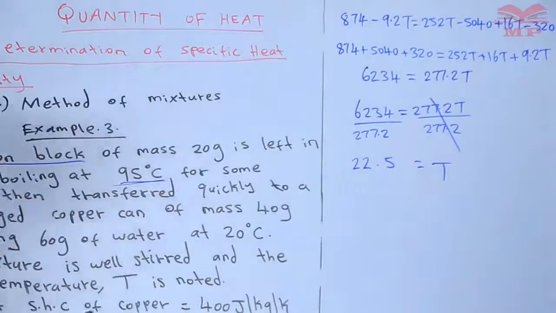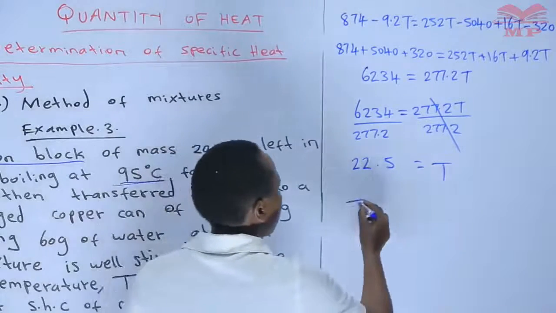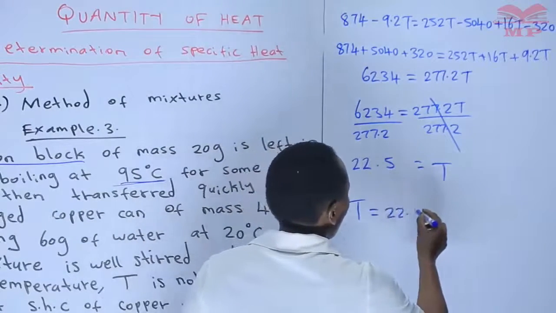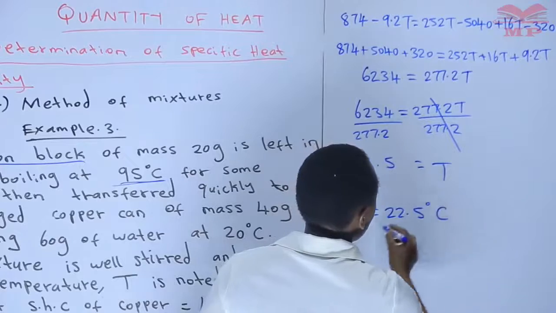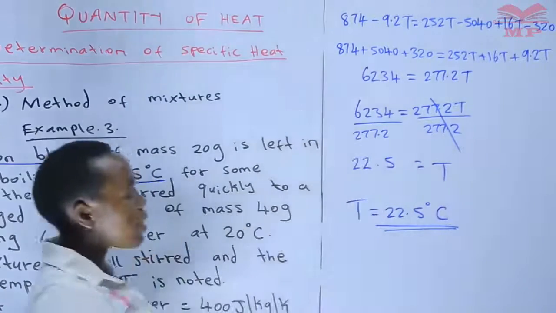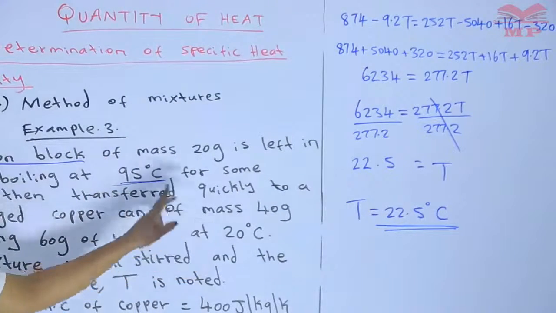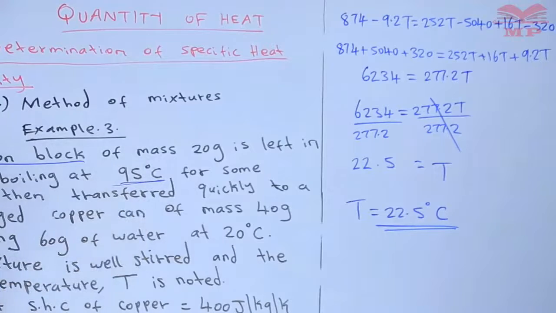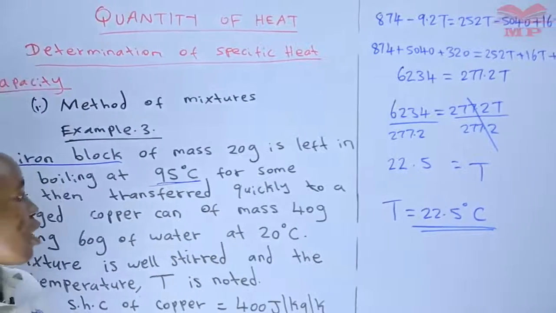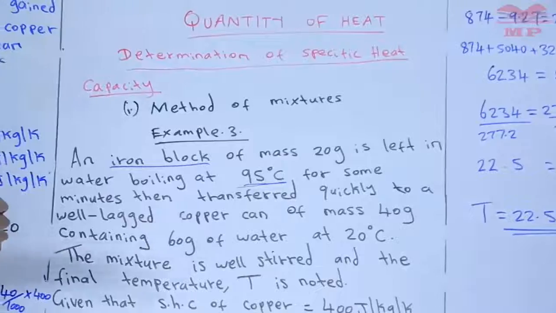And since that was now the final temperature of the contents, it means that our T is 22.5 degrees Celsius. So you can see it is higher than 20 but lower than 95 degrees Celsius. So that's how you are supposed to go about that question.